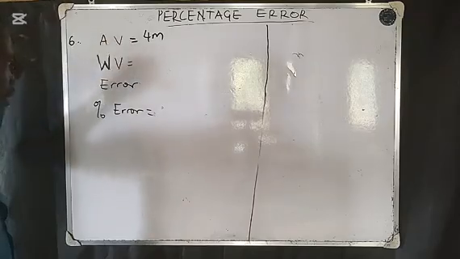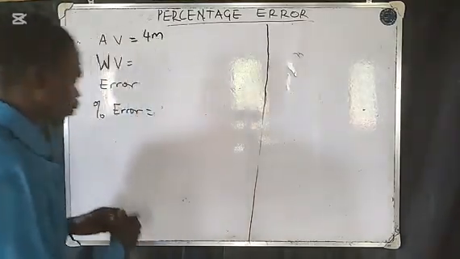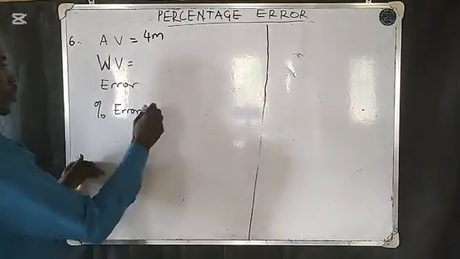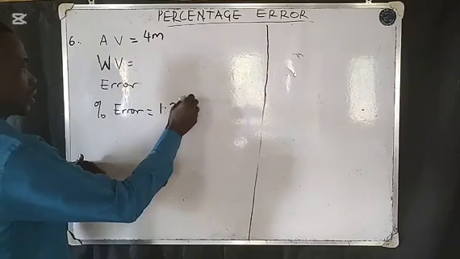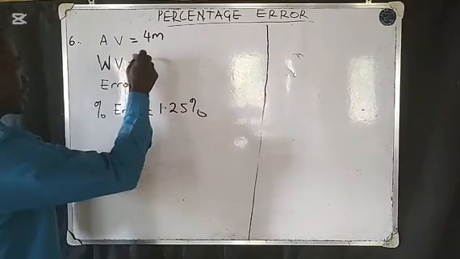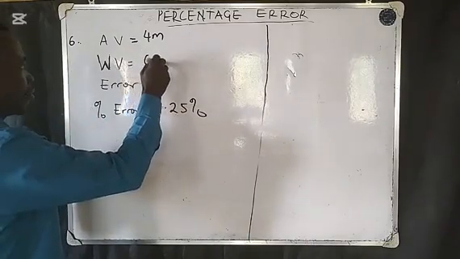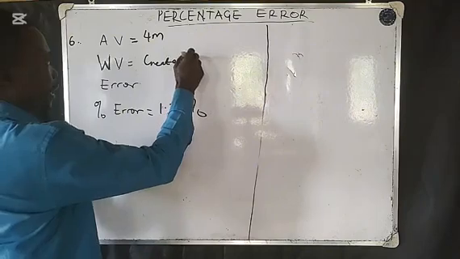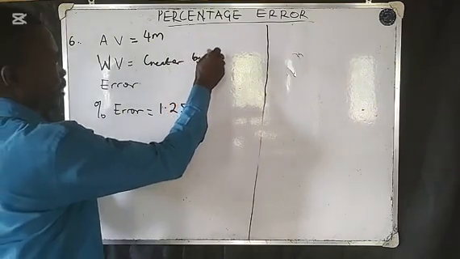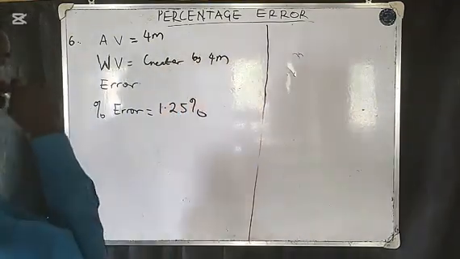This is the error, right? And the percentage error was given as 1.25%. But let's write something here. Greater by 4 meter, so I will not forget. Greater by 4 meter, okay.